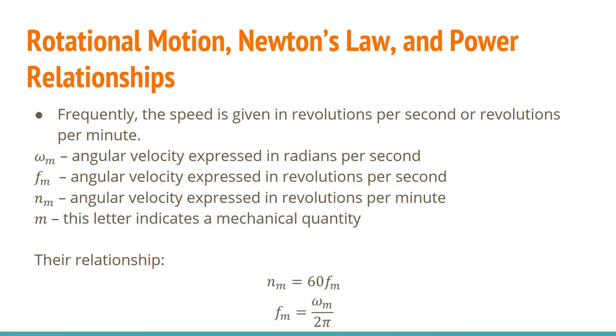So, the symbols differ. Angular velocity omega with subscript m is angular velocity expressed in radians per second. So if there is a subscript m, it means the unit is radians per second.